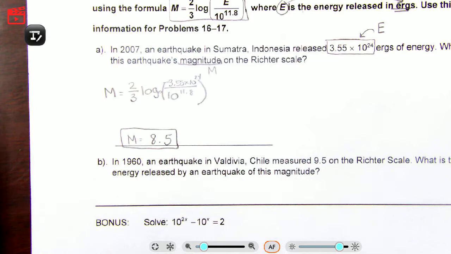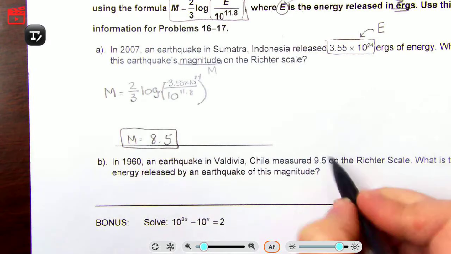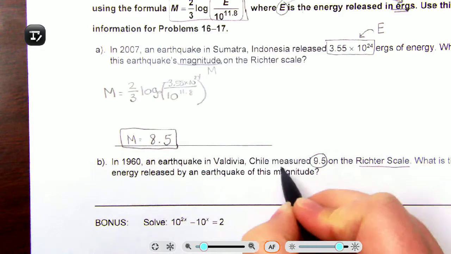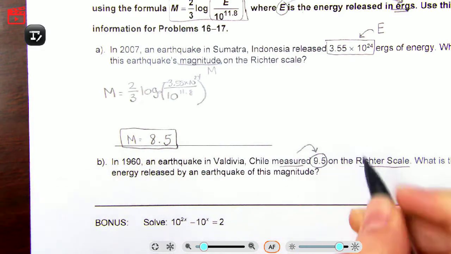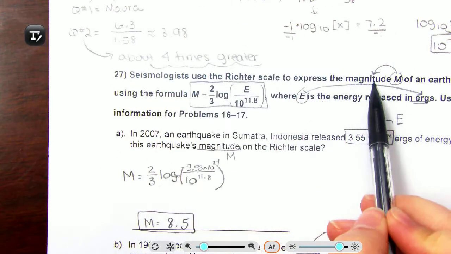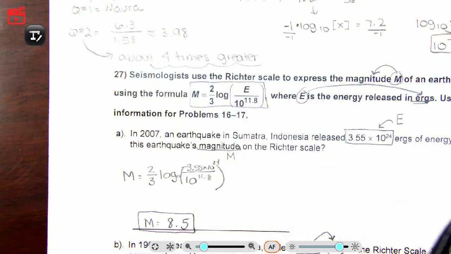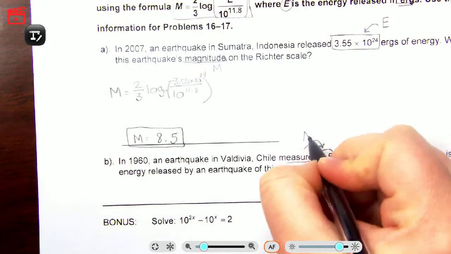Okay, in 1960, an earthquake in Valdivia? I'm just great at names, you guys, in this video. Jeez. So Valdivia, Chile, measured 9.5 on the Richter scale. So if it measured, that means we're going back to here, if it's expressing the magnitude on the Richter scale, that means this is our magnitude.